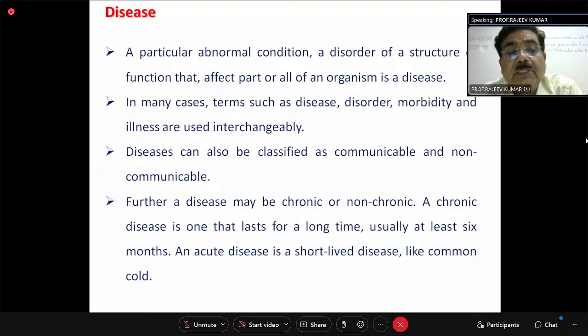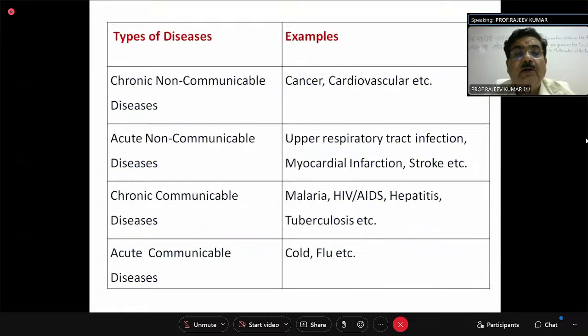A chronic disease is one that lasts for a longer period of time, usually 6 months or more, and acute diseases are short-lived, lasting a few days or a few hours, and thereafter subsiding. Accordingly, we can have the pattern and the fatality of the disease. If I classify, there can be four kinds of disease categories.